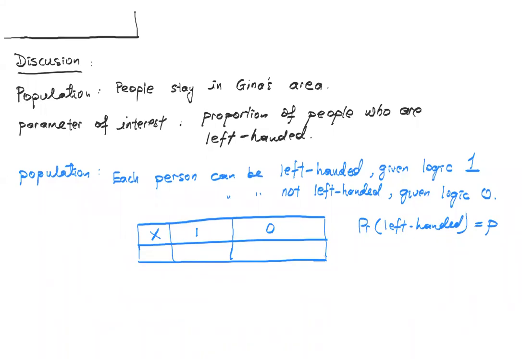So I use logic 1 to represent a person who is left-handed, and logic 0 for not. You see, this is like a Bernoulli distribution.